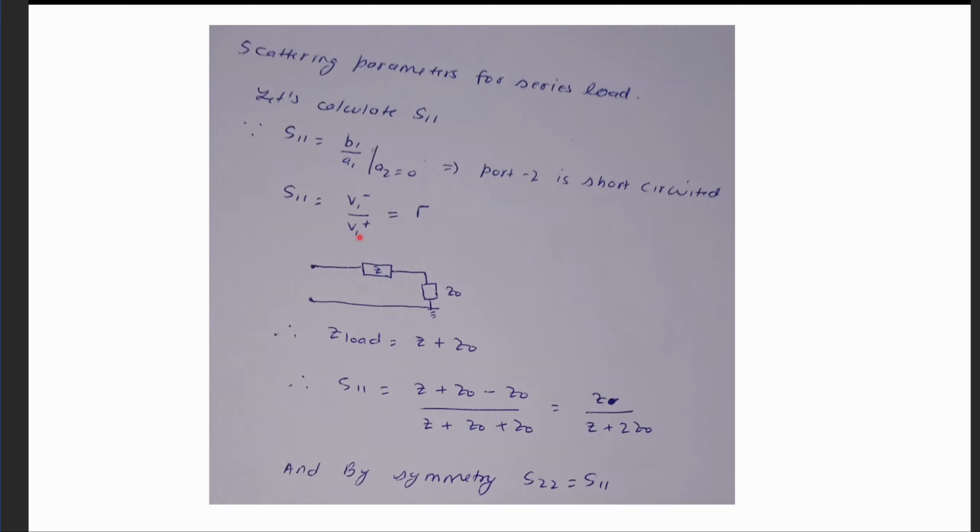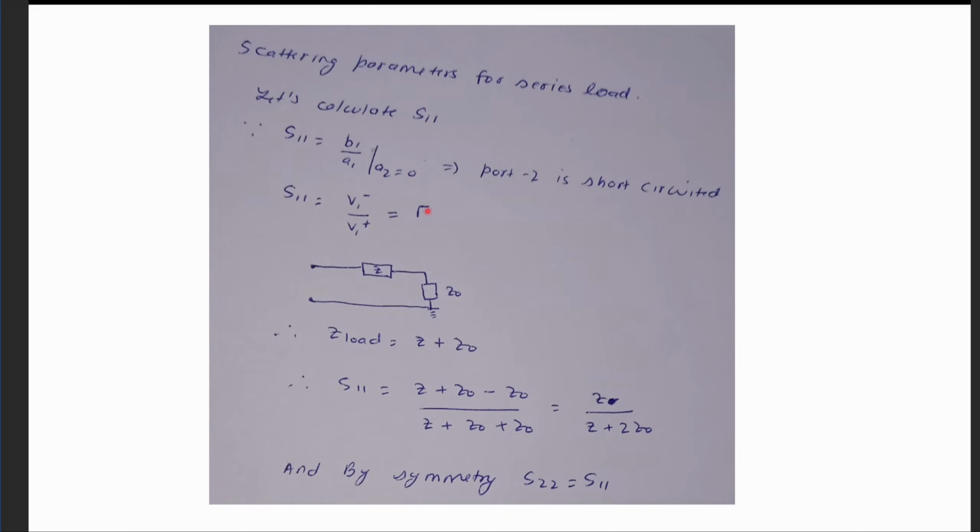V1 minus is reflected. V1 plus is incident. Whatever goes forward is your incident, and what goes backward is V1 minus. Your positive direction is the forward, and your negative direction is the backward. Okay. So here you know that S11 is just a reflection coefficient because your A2 is 0.